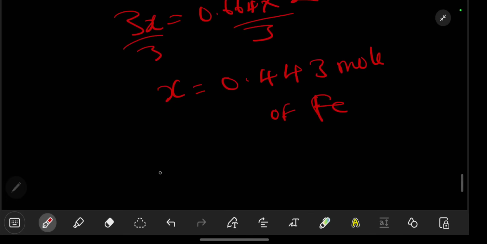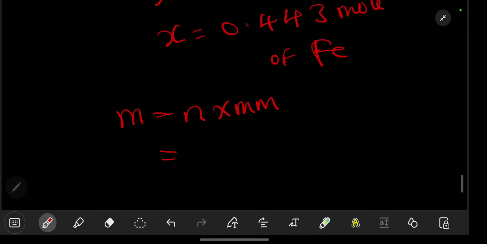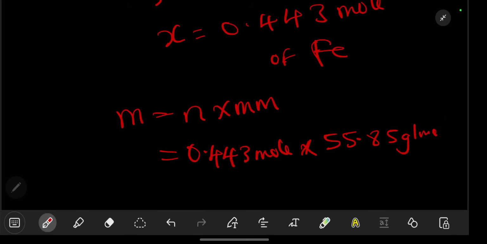So now the mass. Remember we said mass is equal to the number of moles times the molar mass. So we have 0.443 moles times the molar mass, which is 55.85 grams per mole for iron.